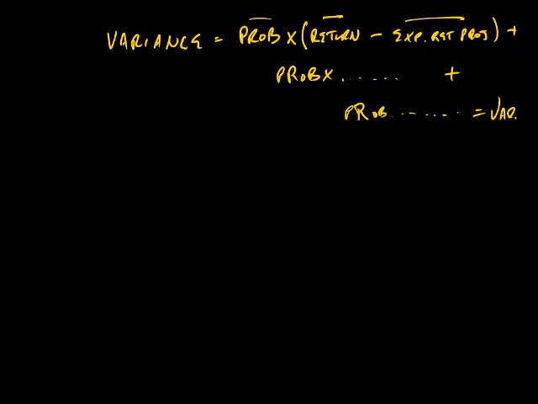So what does that look like? Let's do our first one. We have that 30% chance. And remember what the expected return for that 30% chance was? That was a negative 3,809.